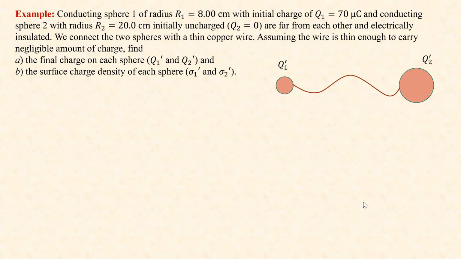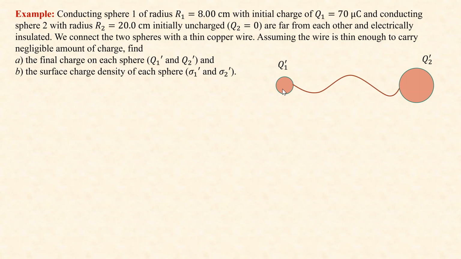The potential for each one is kq over r, its own q and its own r. But are the potentials the same? We said that if you have two conductors and you connect them with a conducting wire, they have the same potential.